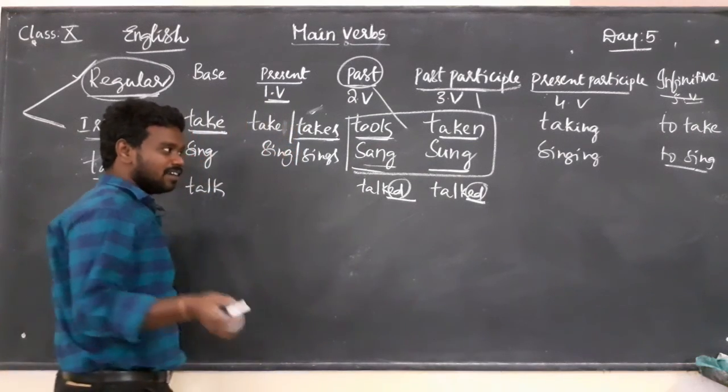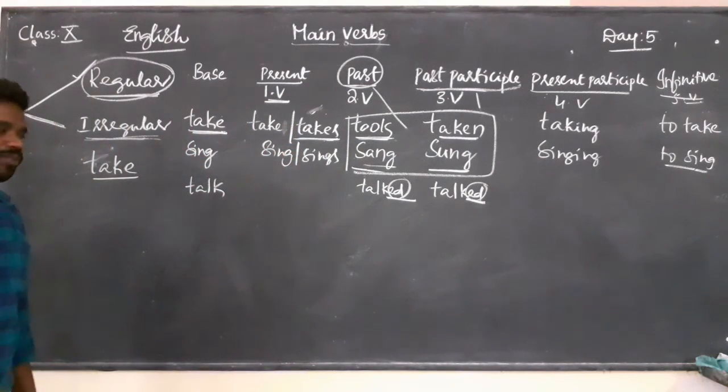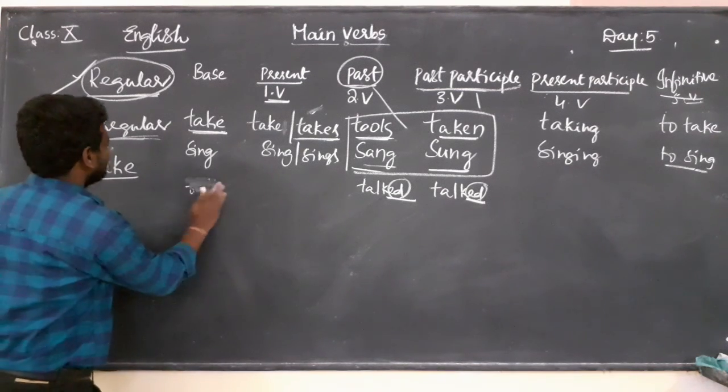So that different way is called irregular verb. So I mean, how can we say that? Right.